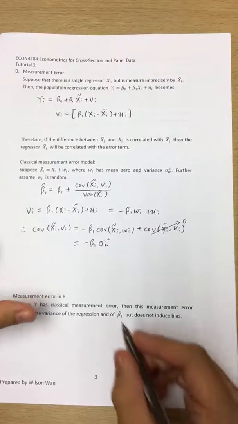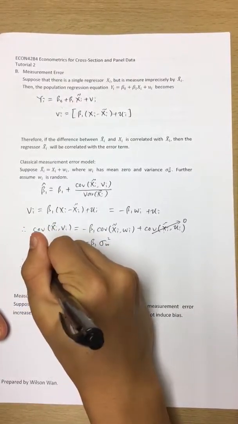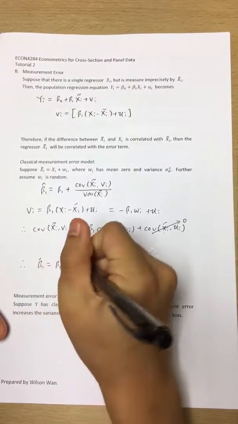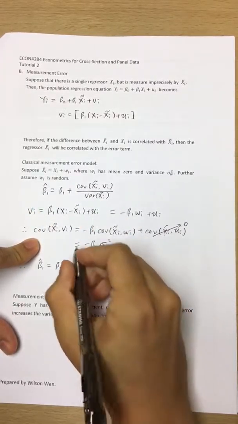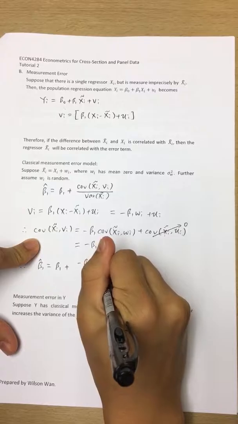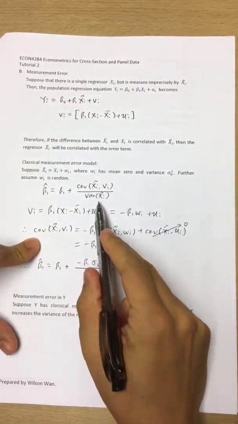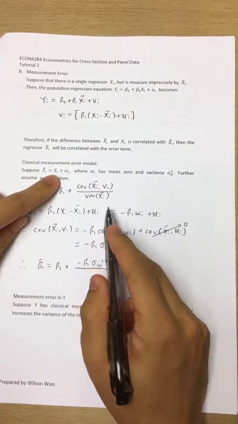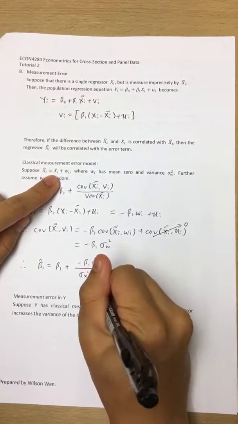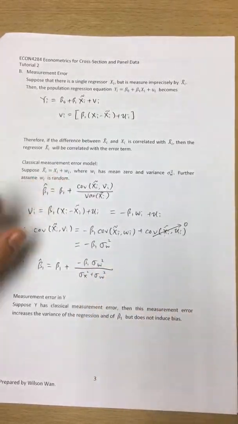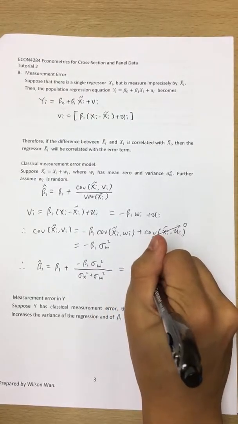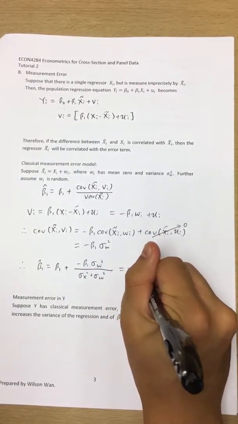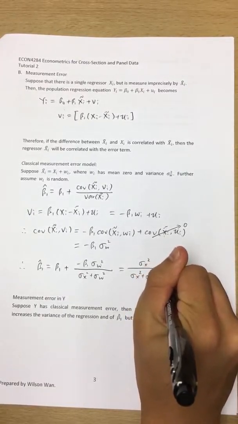So in this case, beta 1 hat would be equal to beta 1 plus the covariance, which is negative beta 1 variance of w, over the denominator, the variance of xi tilde, which is the variance of x plus the variance of w. Then you rewrite it: this is equal to the variance of x divided by the variance of x plus the variance of w, times beta 1.